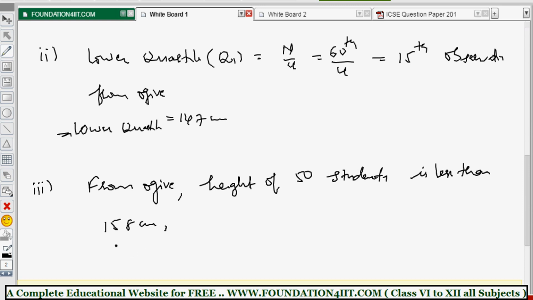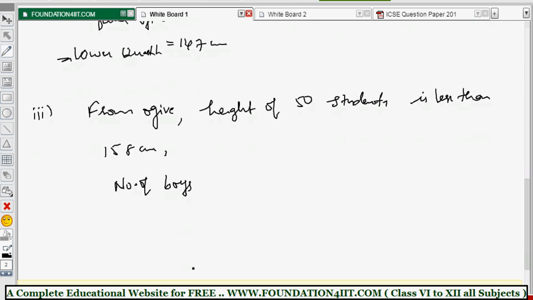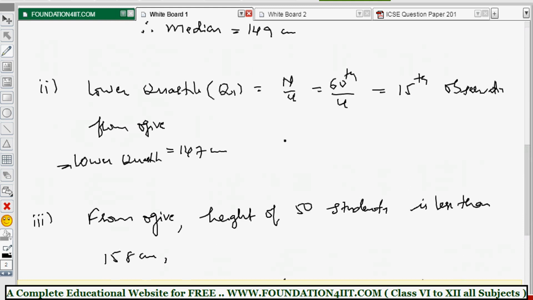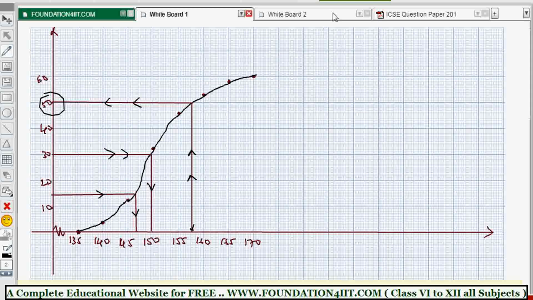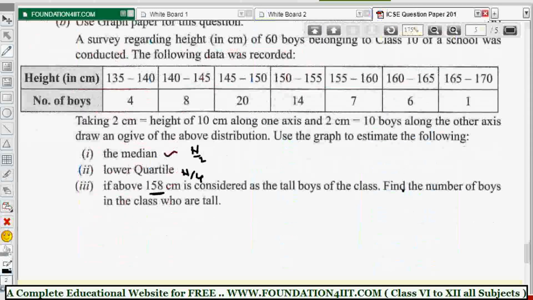The number of boys in the class who are tall is equal to the total 60, right? So 60 minus 50, so 10. So 10 boys are the overall tall ones. So based on the graph, we can make it easy. If you draw the graph, only then can we solve this. So this is question number 11.